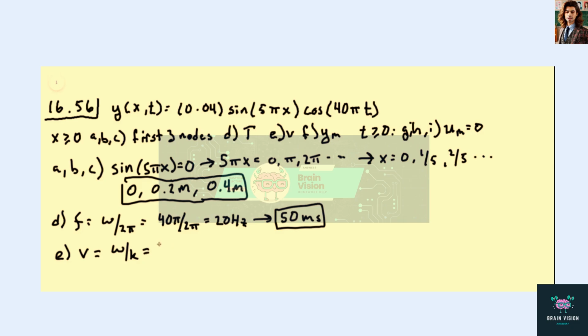We know omega is 40 pi radians per second. k is 5 pi radians per meter. And so the speed is 8 meters per second.